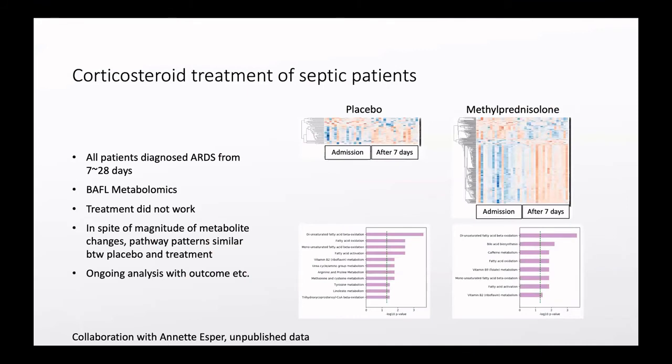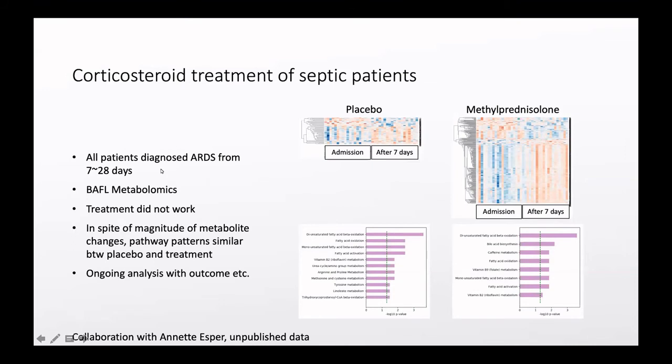So the last example is a fairly common immunotherapy. We use a lot of corticosteroids to suppress inflammation. In this case, it's actually very sick patients. All these are septic patients diagnosed with acute respiratory distress syndrome, seven days to one month into the disease progression.